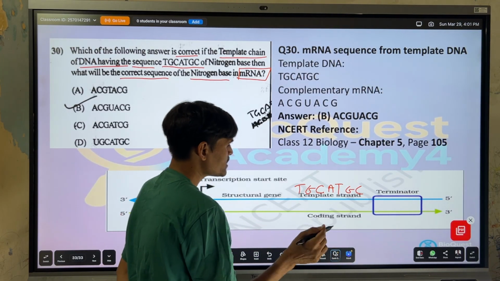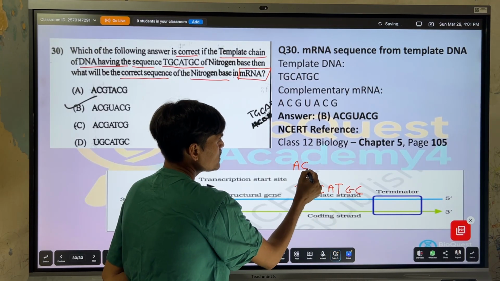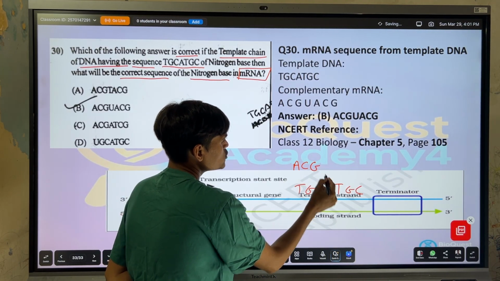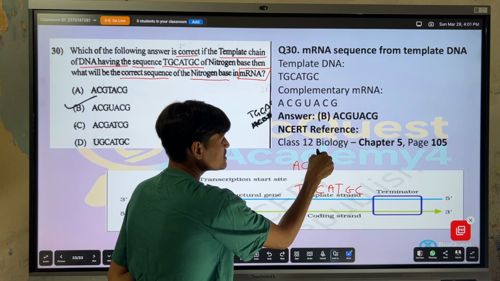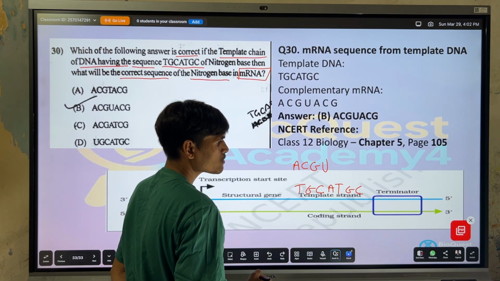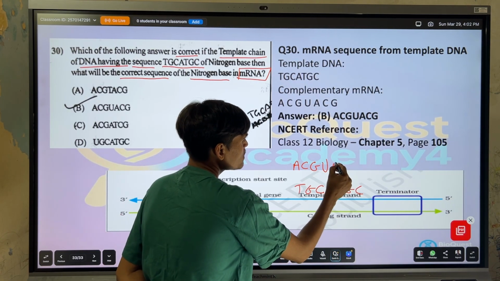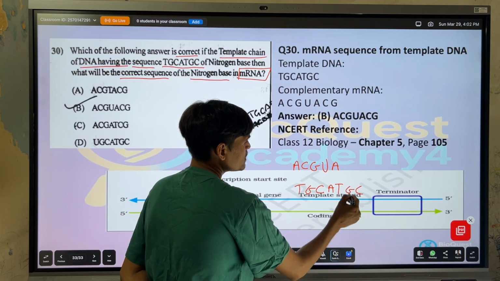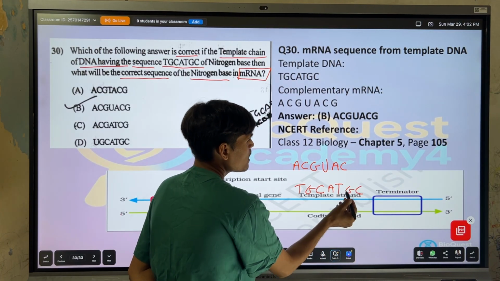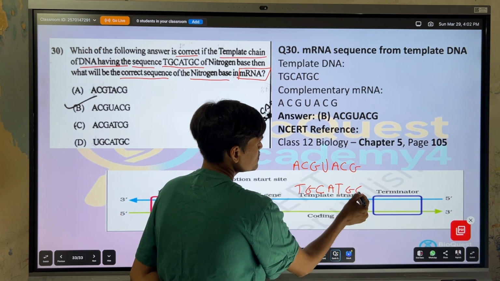According to the complementary rule, T will give me A, G will give me C, C will give me G, but A will give me T, but this is mRNA, so not T but U. Then T gives A, A gives U, G gives C, and C gives G.